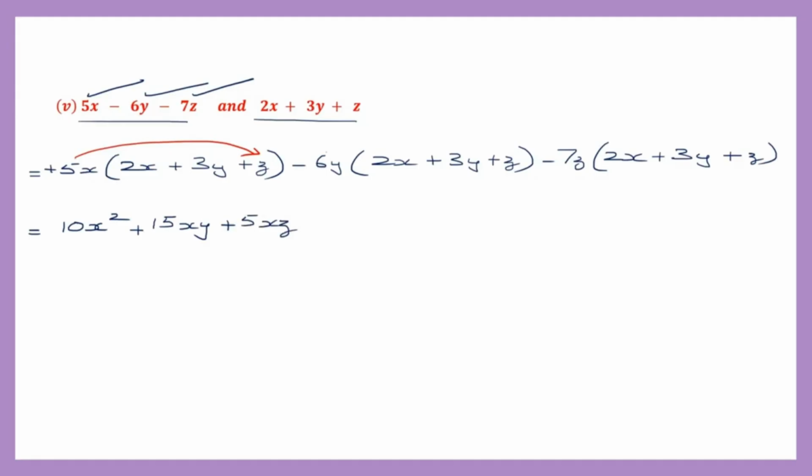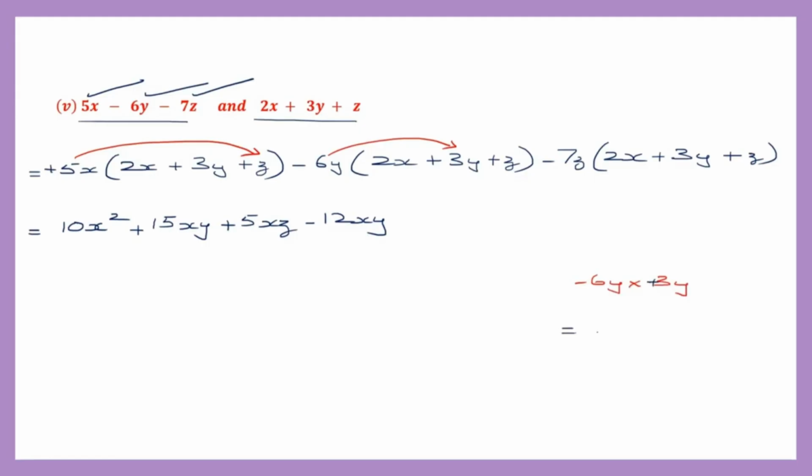Now let's go to the next one. So here we have minus 6y and 2x. Shall we do it separately to make it easier for you? Into 2x. The sign is minus. Multiply the numbers. 6 2's are 12. Y into x is yx or xy. So this is minus 12xy. Now minus 6y into 3y. So here the sign is plus.